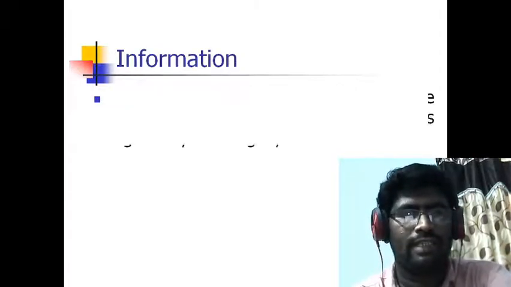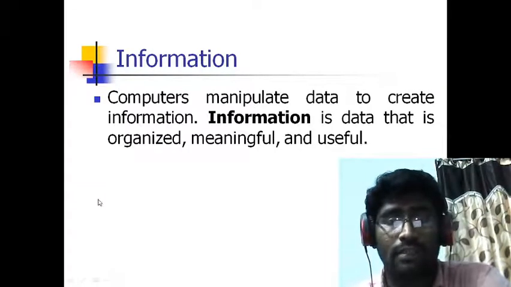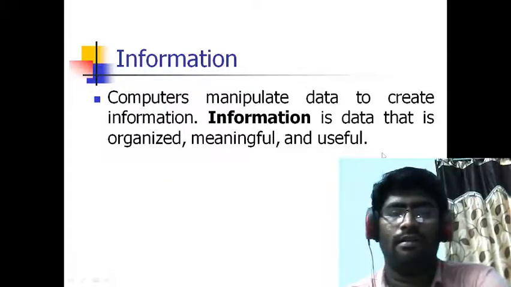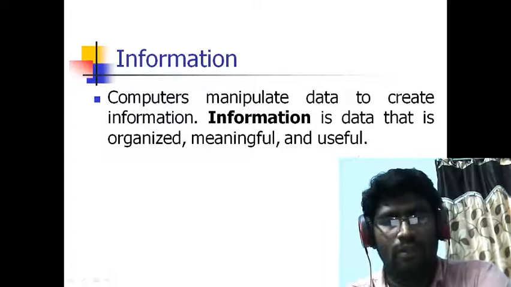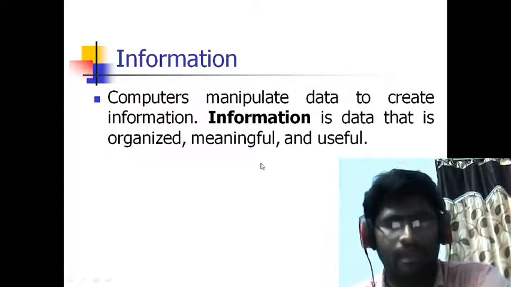Here we'll understand what is information. Information is data which is organized, in a meaningful or useful manner. If I organize the data in some meaningful way, that will become information.